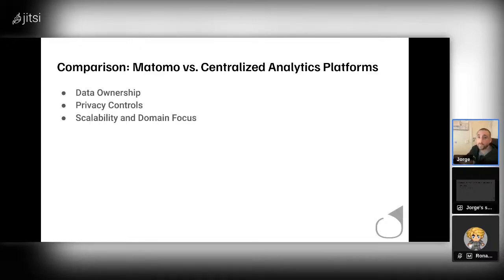Centralized platforms often treat analytics as a one-size-fits-all solution, which can make it hard for individual teams to adjust data collection and reporting to fit their exact requirements. With Matomo, each domain maintains its own analytics space, allowing for targeted data strategies without sacrificing organizational scalability.